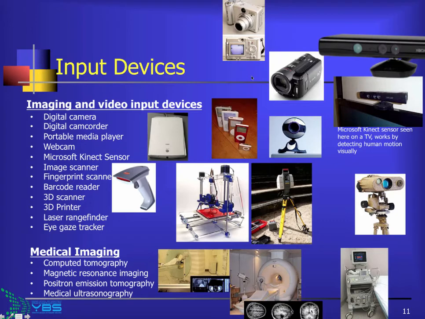Or simply we can call these digital camera, digital camcorder, portable media player, webcam, Microsoft Kinect sensor, image scanner, fingerprint scanner, barcode reader, 3D scanner, laser rangefinder, eye gaze tracker, some of the devices which are imaging and video input. Medical imaging can be computed tomography, magnetic resonance imaging, positron emission tomography, and medical ultrasonography, some of the other input devices in the medical part.